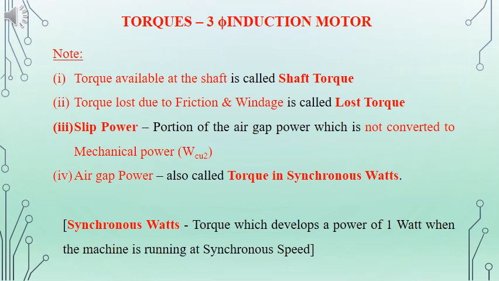Slip power is actually the loss on the rotor side, mainly because of the rotor copper loss, and air gap power is the torque that is converted from the stator side to the rotor, and it is also called torque in synchronous watts. The definition for synchronous watts is the torque which develops a power of 1 watt when the machine is running at synchronous speed.